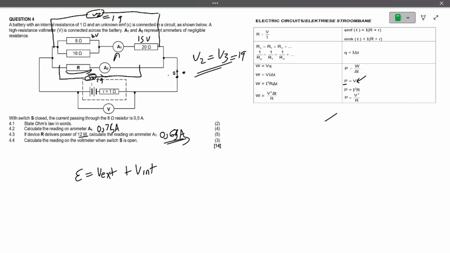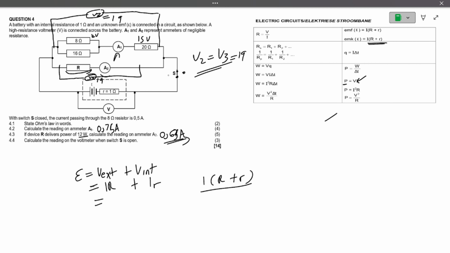This one is equal to IR, which is I times small r, the internal resistance. That's why some take out the common factor, and that's how we get it here. So now let's just write it like this.